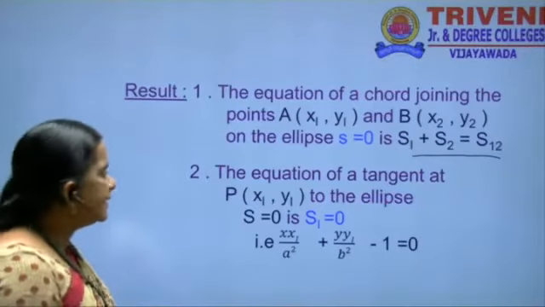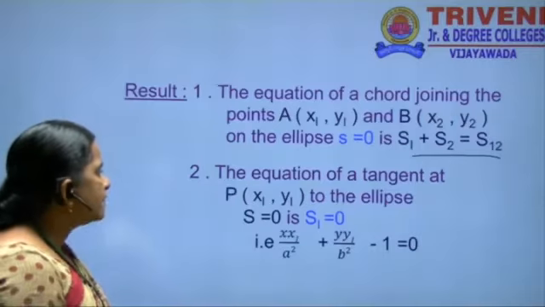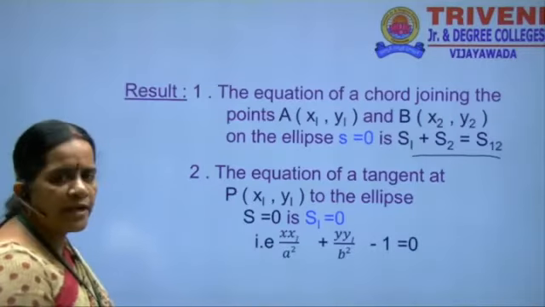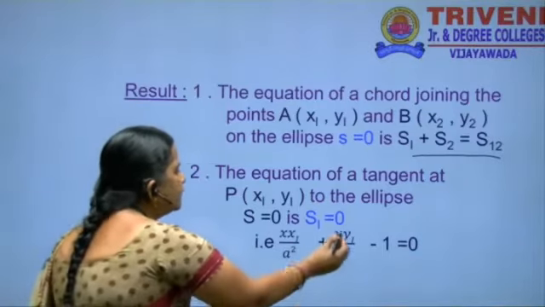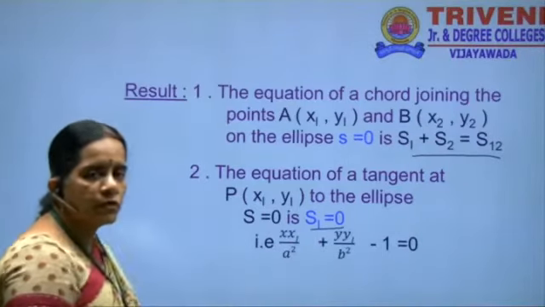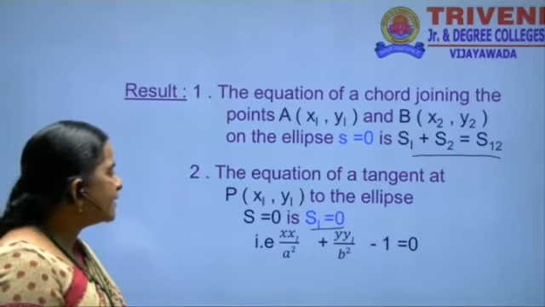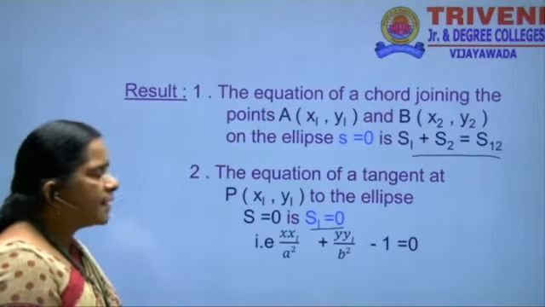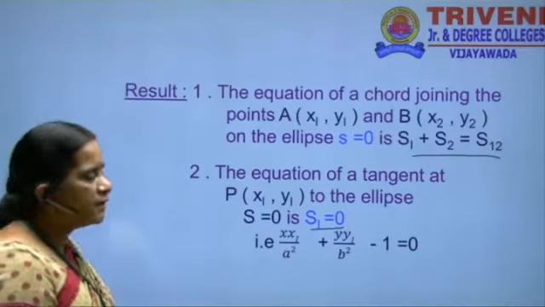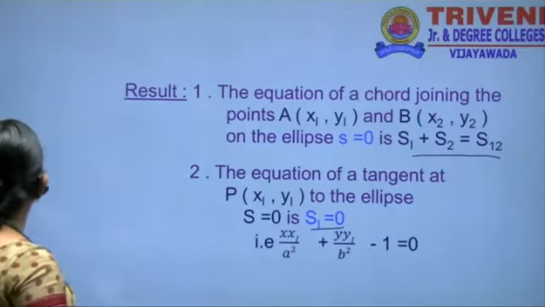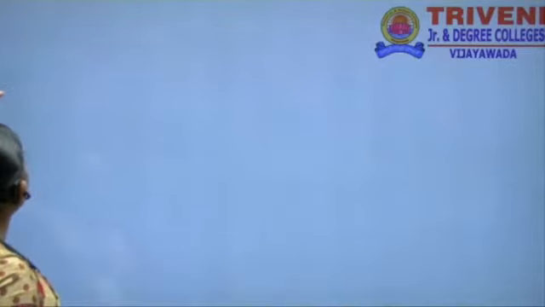And the next result is the equation of the tangent at the point P(x1, y1) to the ellipse S = 0 is S1 = 0. This can be written as x x1 by a square plus y y1 by b square minus 1 is equal to 0. These two are the results. Then we are going to the next problem.